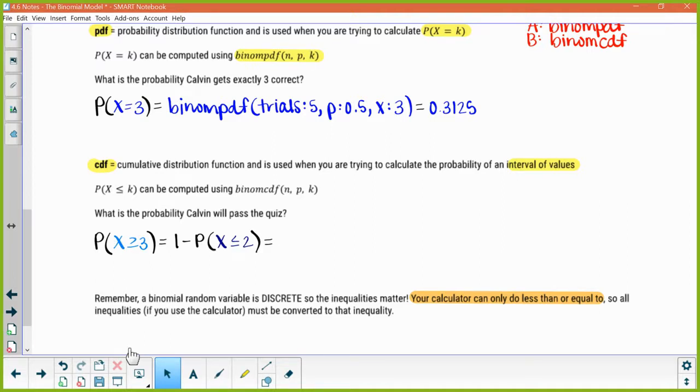Because remember, all of my probabilities add up to 100% or 1. So if I'm interested in the probability of x is equal to 3 plus 4 plus 5, what I can do instead is 1 minus the probability of x is less than or equal to 2. So that's what I'm going to do in my calculator.